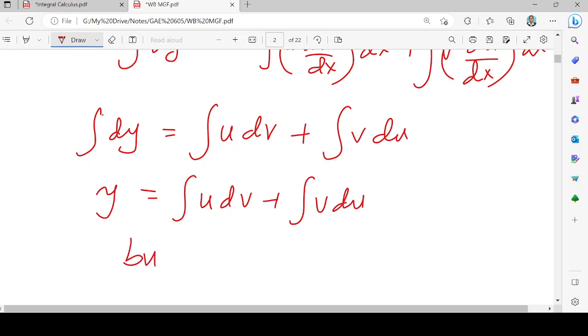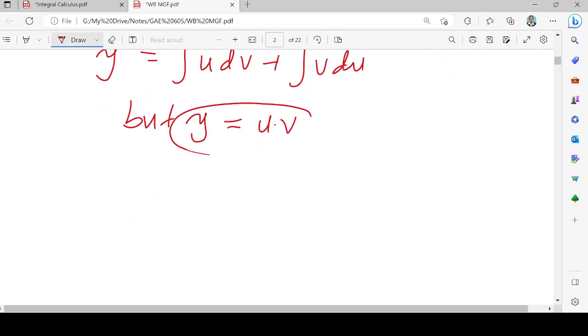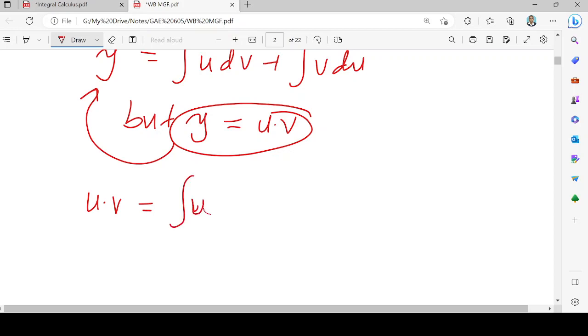But remember that y was u times v. That's how we had defined our y. So if we substitute this back here, then we shall have u times v equals the integral of u dv plus the integral of v du.